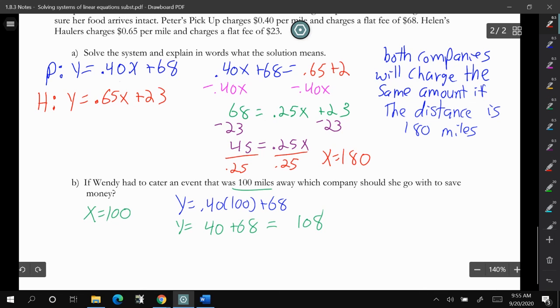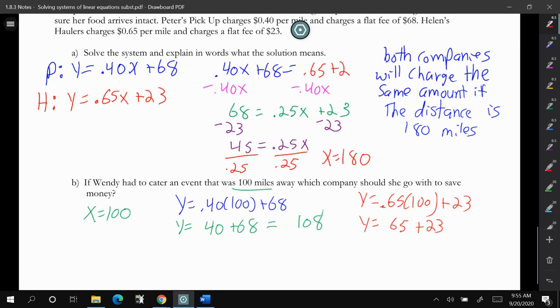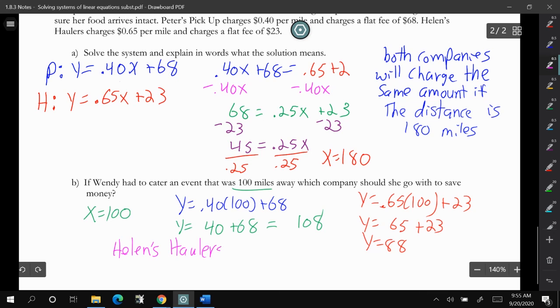For Helen's, that's y equals 0.65 times 100 plus 23. So y equals 65 plus 23. So we type that in the calculator and we get 88. So Helen is cheaper for this trip. So Helen's Haulers is cheaper. Okay.